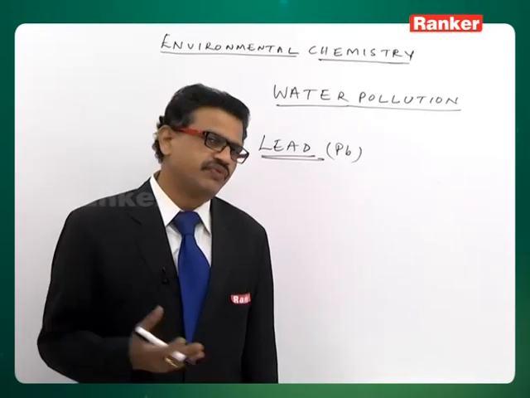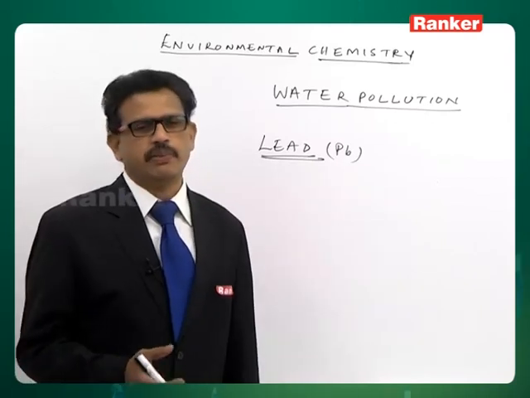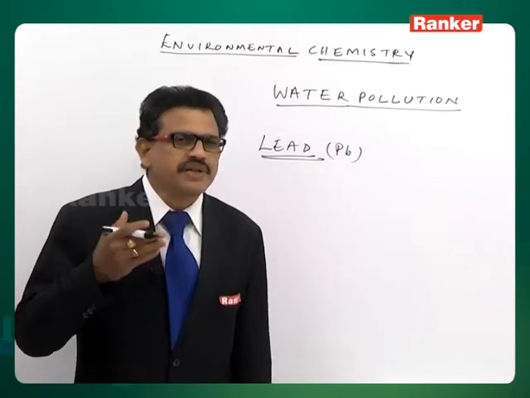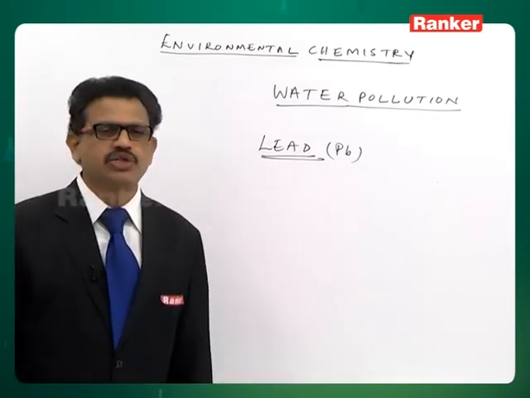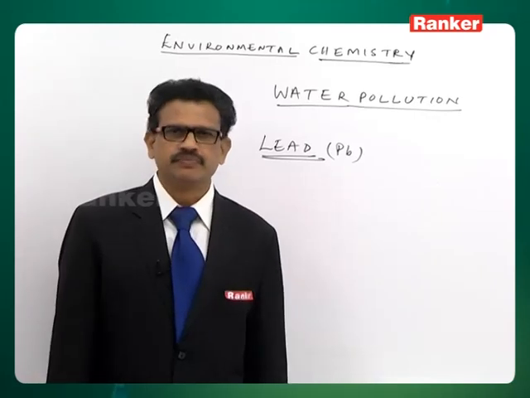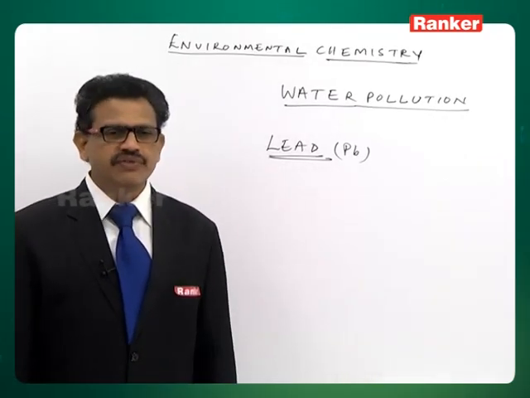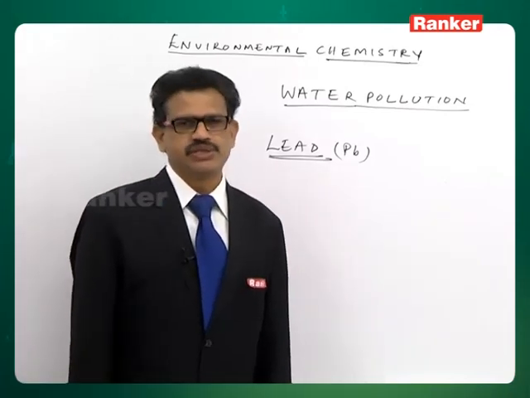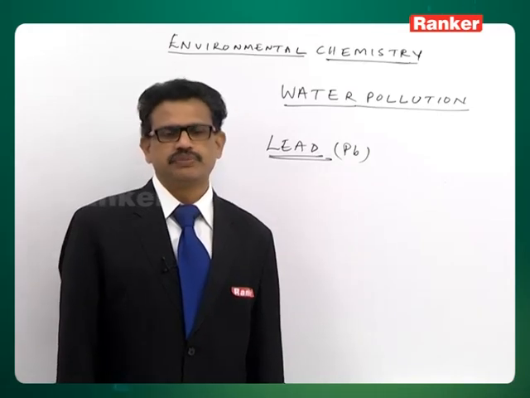During the transportation of water, pipes made of lead can cause lead pollution in the water. The prescribed upper concentration limit of lead in drinking water is 50 parts per billion, ppb. Lead can damage the kidneys, liver, and reproductive systems. So it is another major harmful water pollutant.